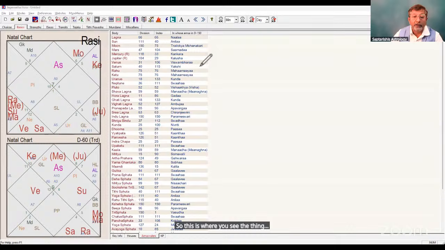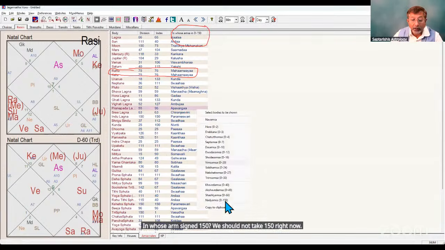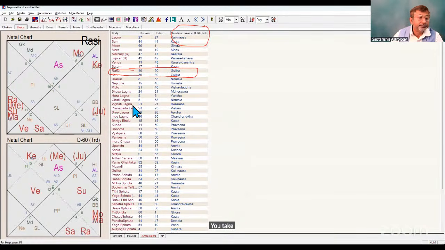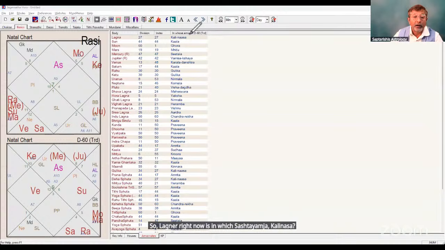And it's not very easy. So Rahu right now is in 5th house. This is in whose amsa in 150? We should not take 150 right now. You take D60 only. So you take this. So Lagna right now is in which Sashtyamsha? Kali Nasa.